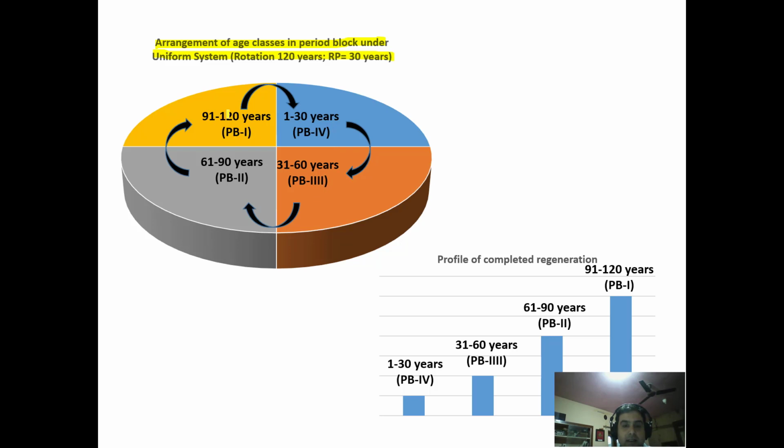Now once this is harvested, this periodic block will get converted into 1 to 30 years of age. Then after 30 years it will move to this periodic block, and after another 30 years this periodic block will move to this periodic block. So the cycle continues, and this is the profile of the regeneration which we see in the 4 periodic blocks.